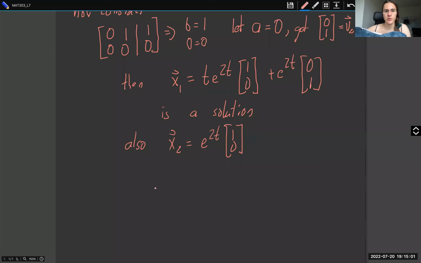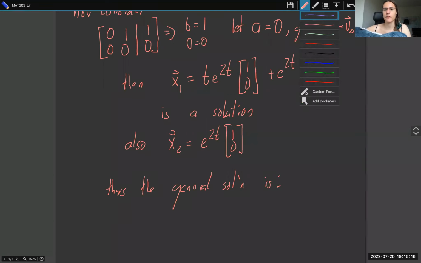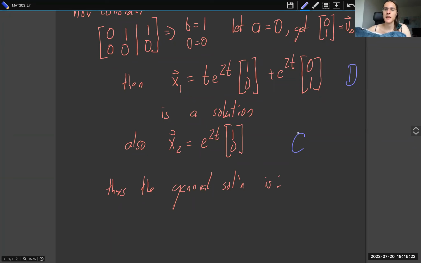Thus, what's the general solution? The general solution is, and then we look at what we get in the first component. Let's say this is the first one we got. Despite the fact that I wrote a 2 here, let's put C here and D here as their constants.